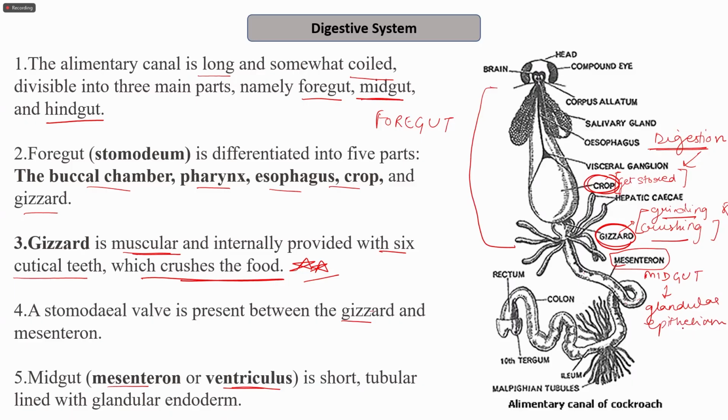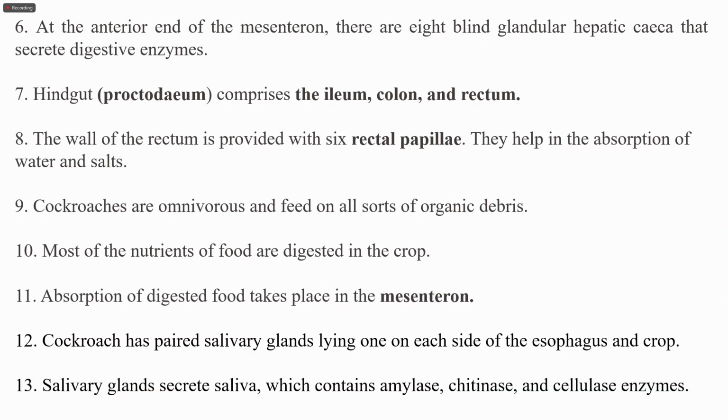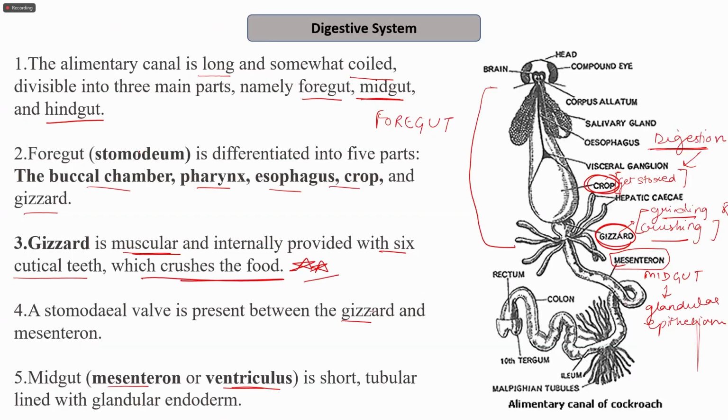At the anterior end, we can see there are hepatic ceca, eight in number. These hepatic ceca are present on the anterior end of the mesenteron; this one is the anterior end, and this is the posterior end.